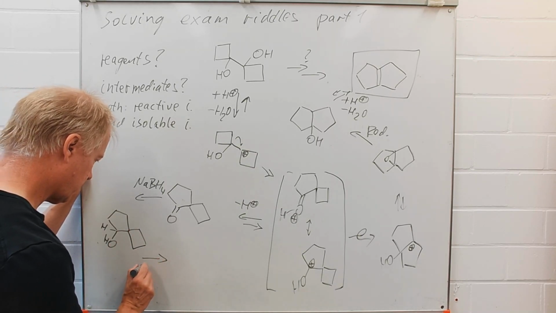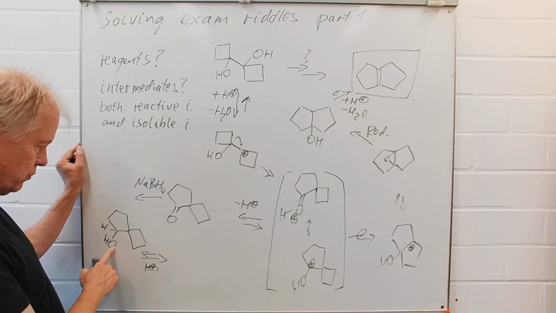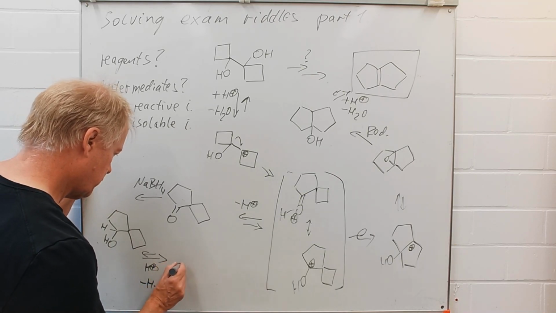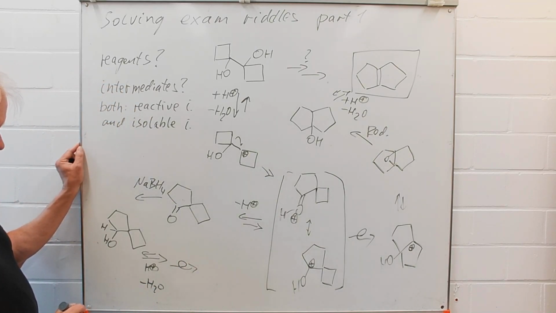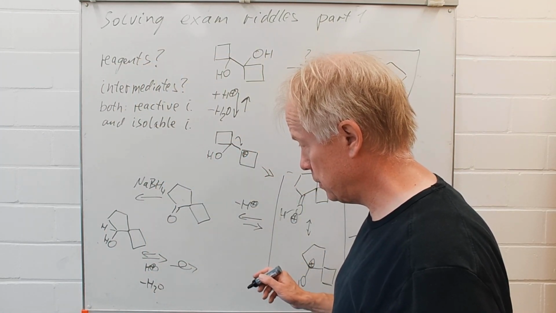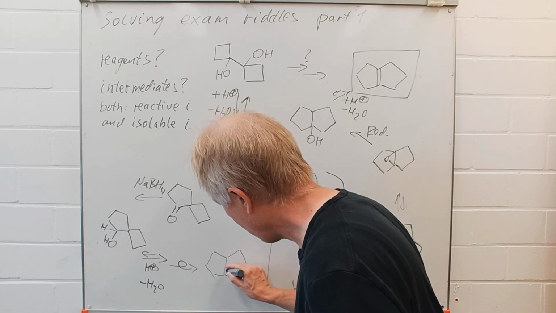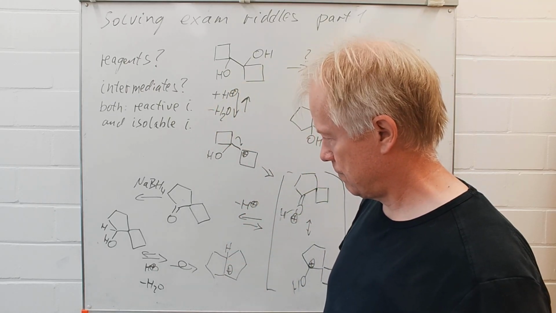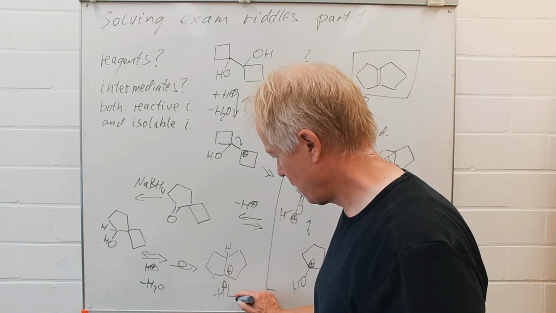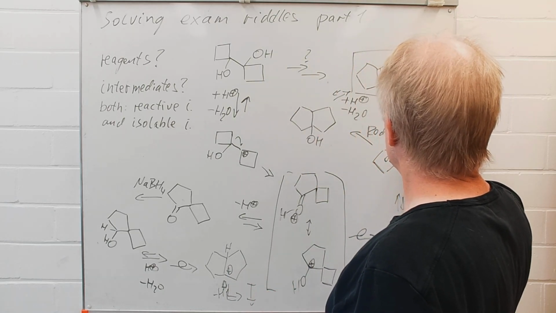And now, first, protonating the OH group, forming the water leaving group, then rearrangement, Wagner-Meerwein rearrangement, giving this structure, and then just deprotonating will lead us to the target molecule.